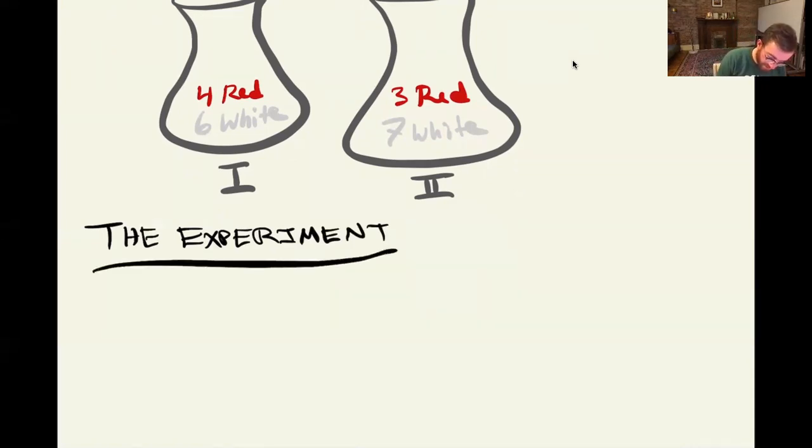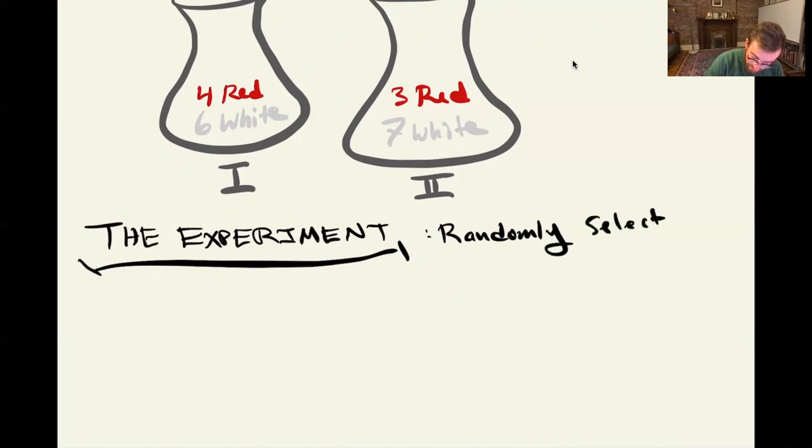So here's our experiment. So I'm going to randomly, and of course that means uniformly at random, select urn 1 or 2.